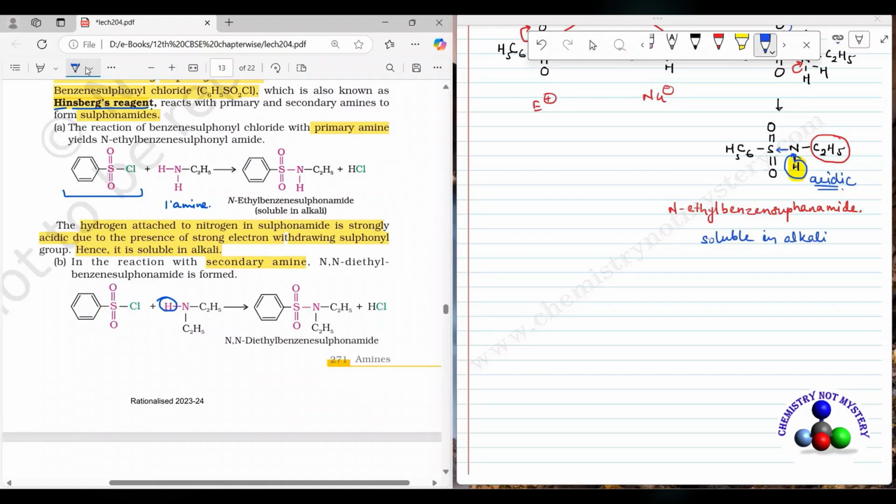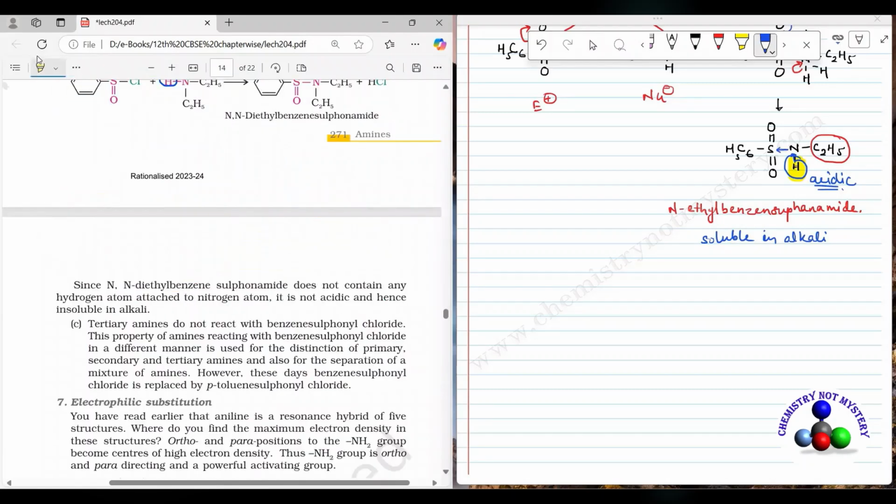So in the product there will be no hydrogen directly bonded to nitrogen. So what do you think? Will it be soluble in alkali or not? Since N-diethyl benzenesulfonamide doesn't contain any hydrogen atom attached to nitrogen, it is not acidic, hence insoluble in alkali. So that's how you can distinguish between primary and secondary amine.